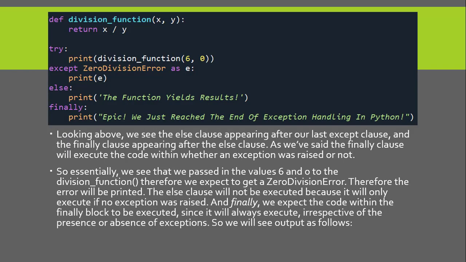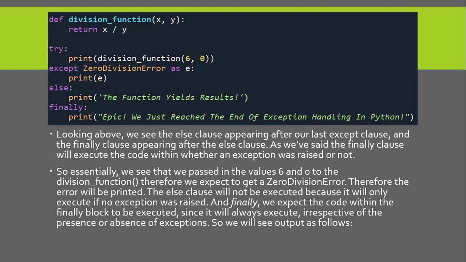Looking above, we see the else clause appearing after our last except clause, and the finally clause appearing after the else clause. As we've said, the finally clause will execute the code within whether an exception was raised or not. So essentially we see that we passed in the values 6 and 0 to the division function. Therefore, we expect to get a 0 division error.